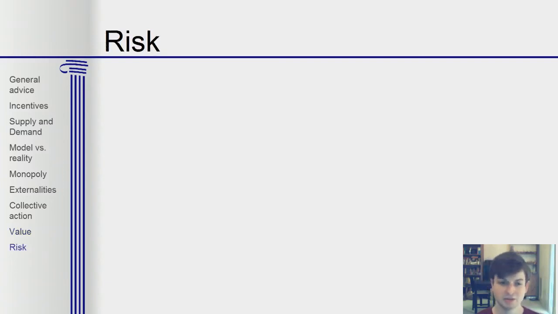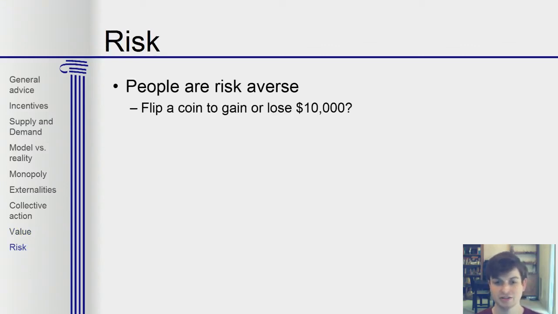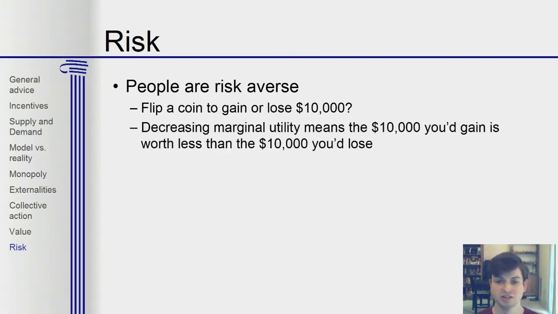Now the last thing I want to talk about is risk. People are in general risk averse, meaning they don't like to take risks. If I offer to let you flip a coin, and you will either, with equal probability, gain $10,000 or lose $10,000, the vast majority of people would choose not to flip that coin. Why is that?